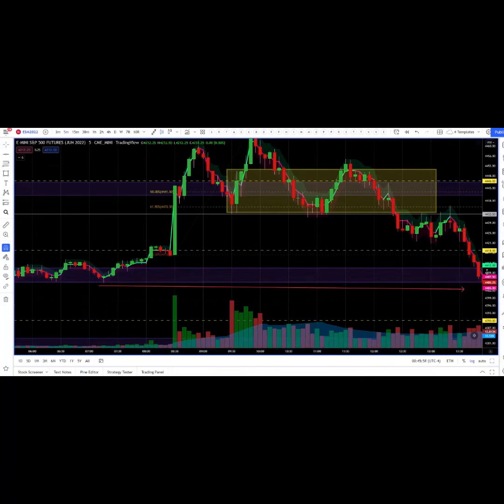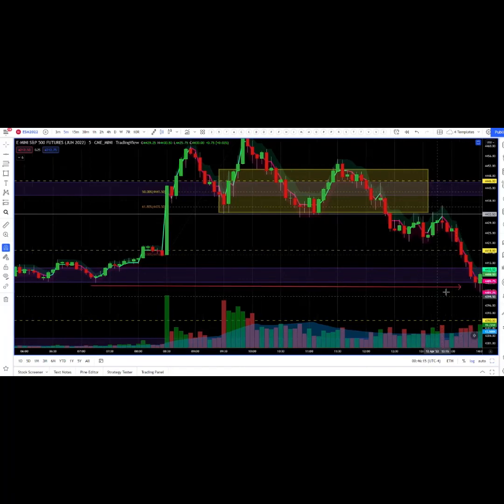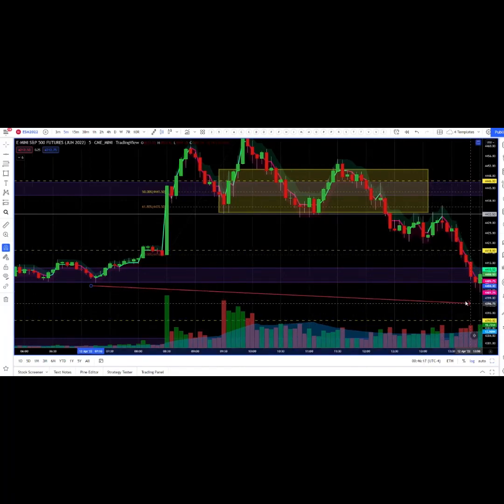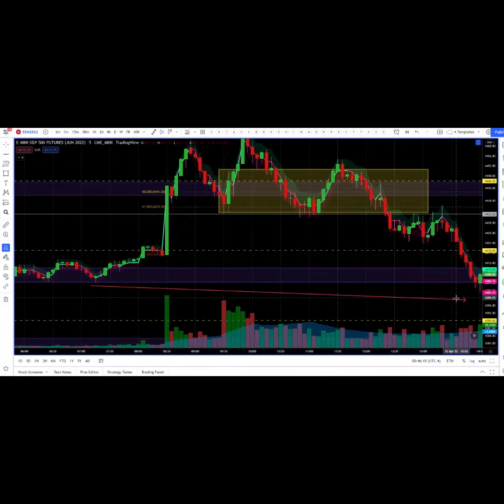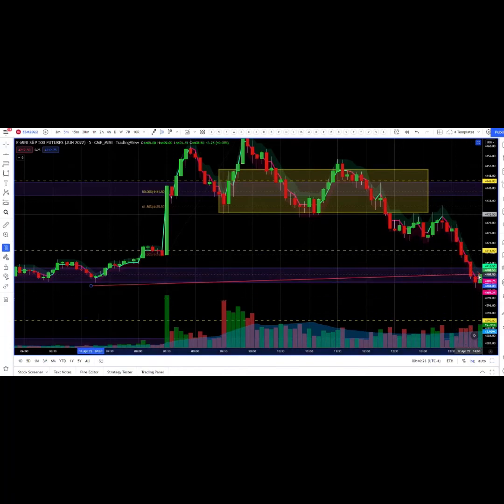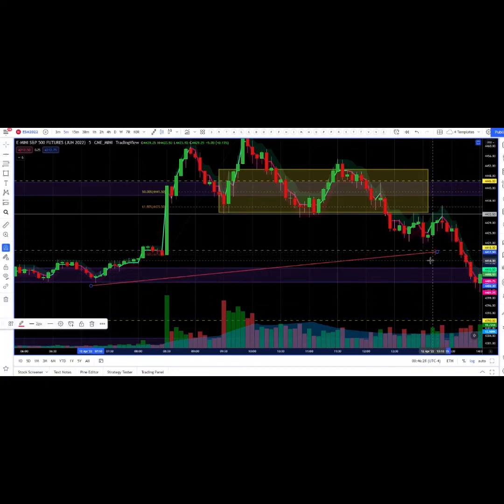I'll be completely honest, I'm not comfortable most days just shorting into low of day after an open drive higher. It's really hard to have confidence that you're going to go far enough to not get completely killed too often. So anyway, it comes back with a nice bounce with some high volume. I'm not buying it yet, but I don't mind a long here. I'd be targeting the VR 4418.